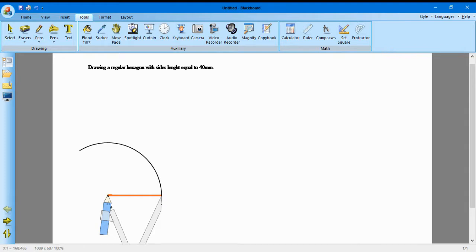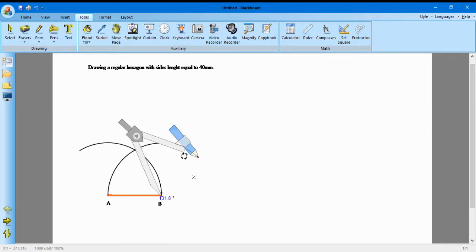This is B, this is A, and I will inscribe an arc this way. Make sure you use your compass correctly, and make sure you put your compass at point A and point B when you are striking the arc.